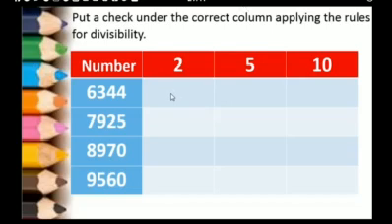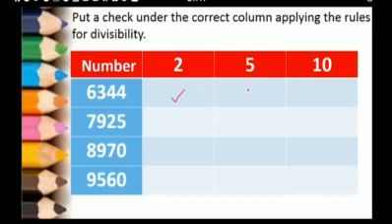The 6,344, do you think it is divisible? Yes, because the ending digit 4 is an even number. So therefore, we will put a check.